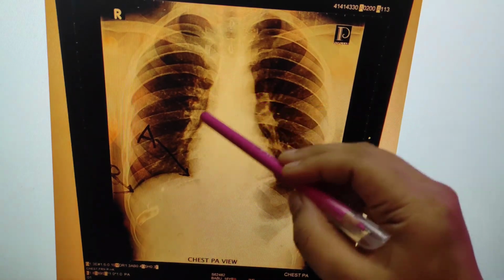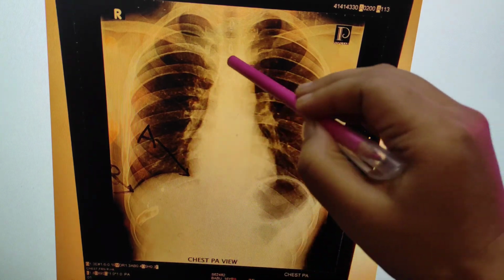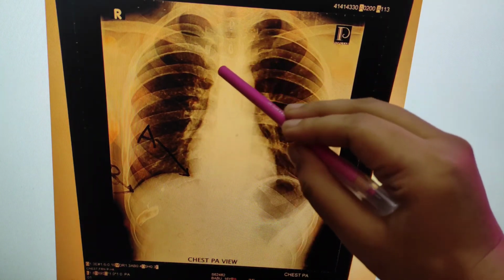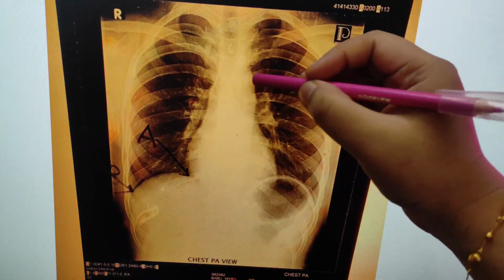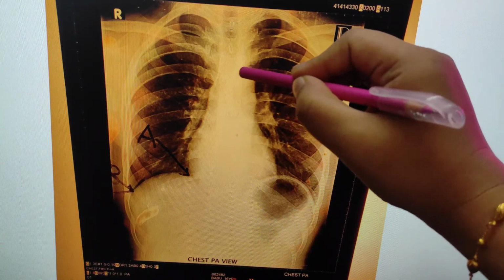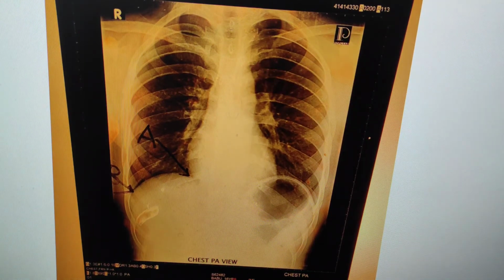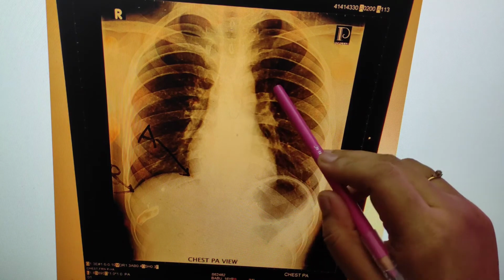and here is the shadow for the heart. This is the cardiac shadow, and here is the arch of aorta. The shadow formed by the arch of aorta here is called the aortic knuckle or aortic knob, and here is the pulmonary trunk.